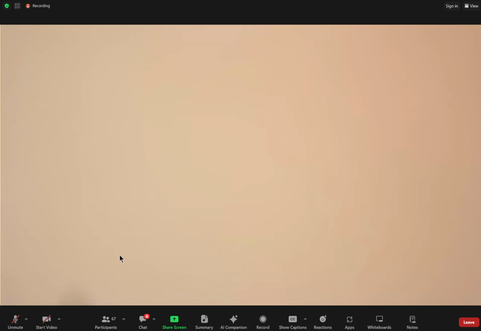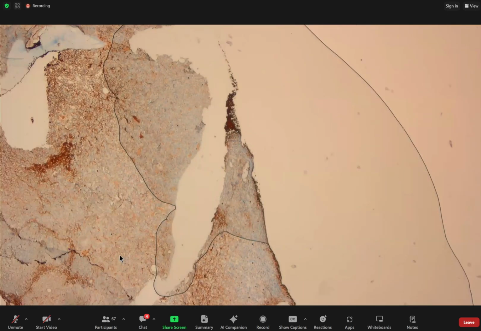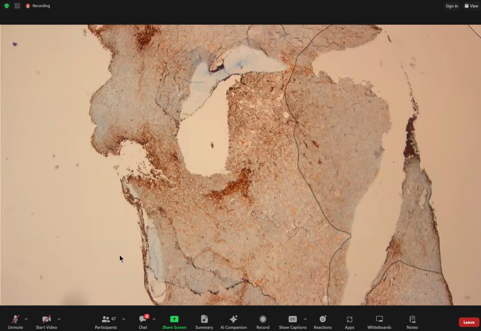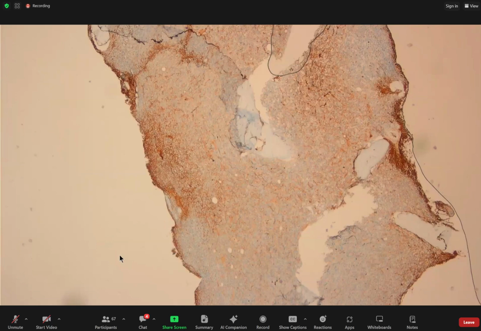Next, I'm going to show the IgG, IgM, and IgD. This is my IHC for IgM, versus IgG.